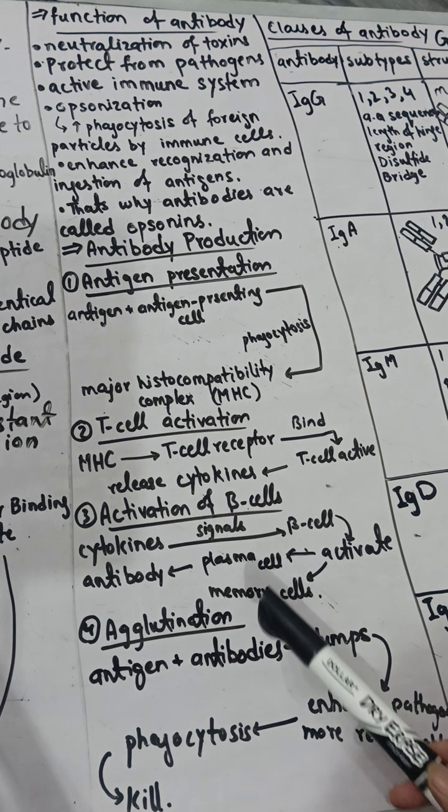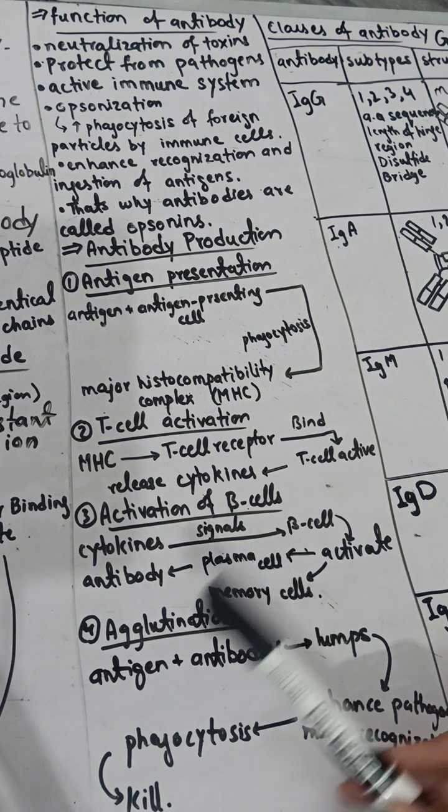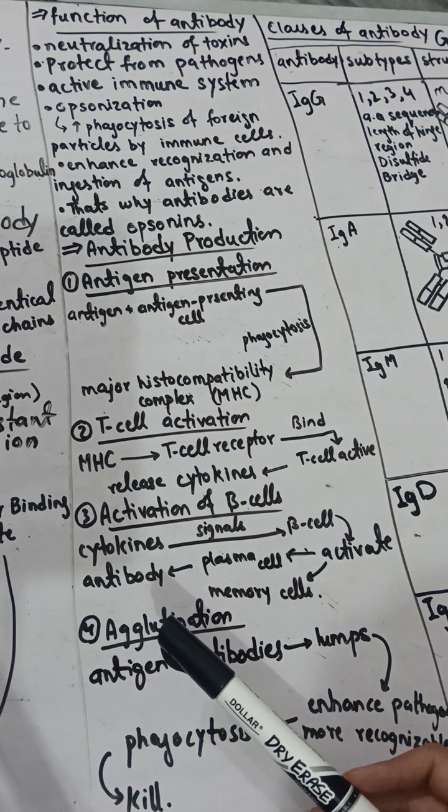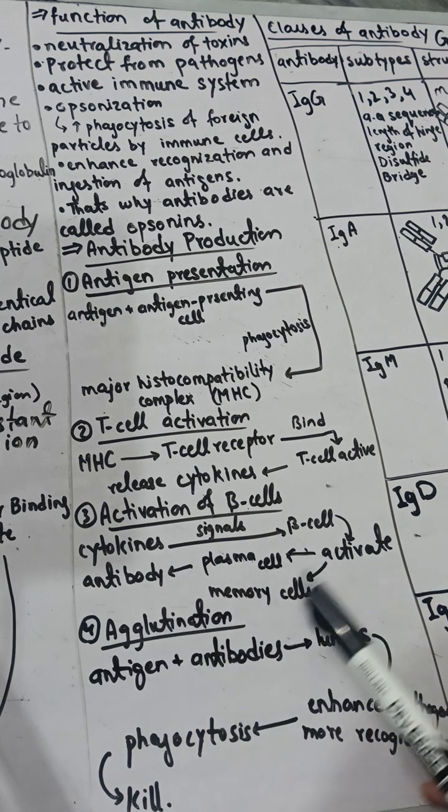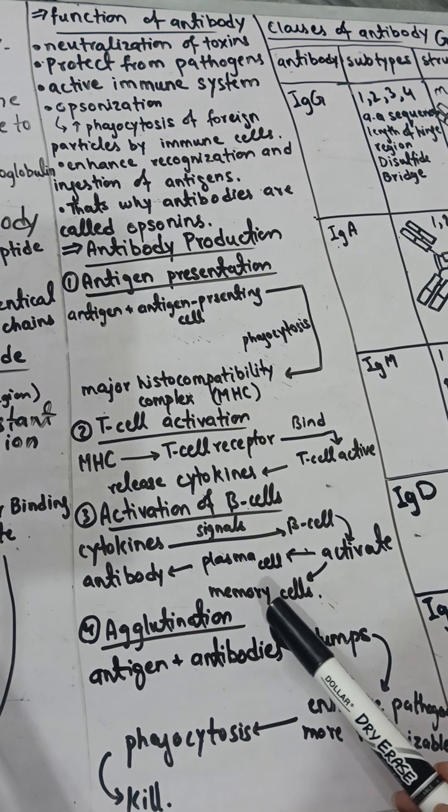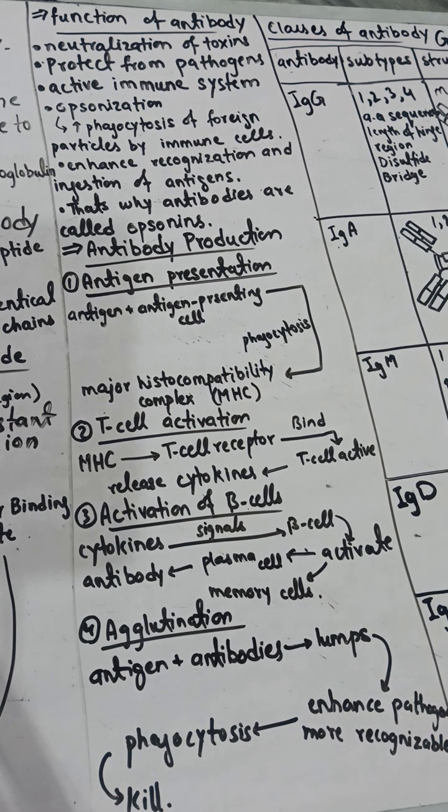First they produce plasma cells which convert themselves into the specific antibody, and they also produce some memory cells for memory. If this antigen enters your body again, the memory cells are present, they will kill that antigen, and so protect you from that disease the second time.